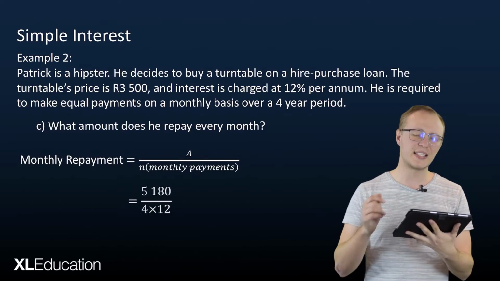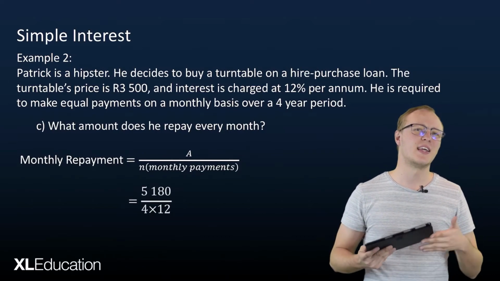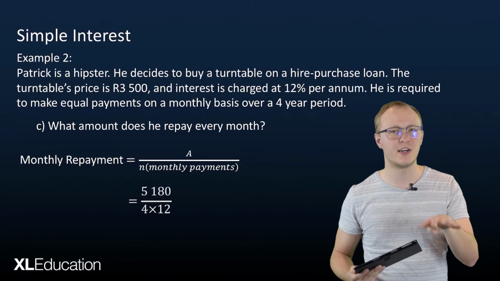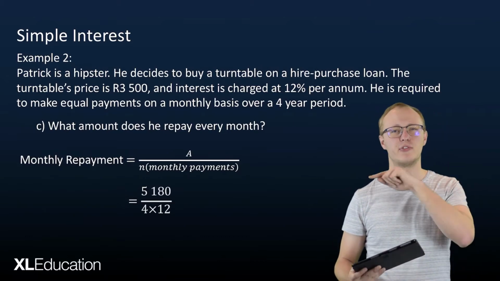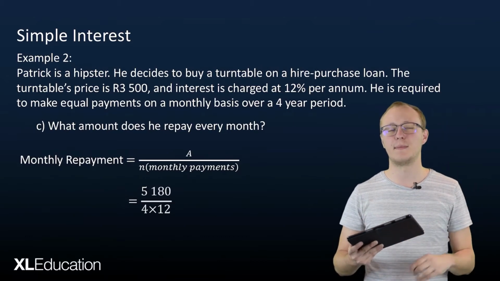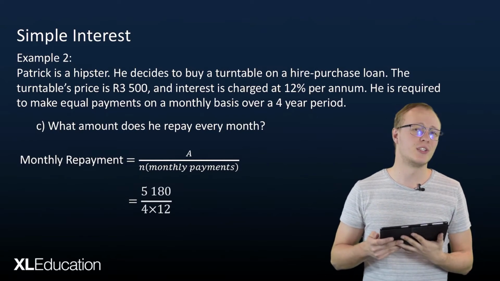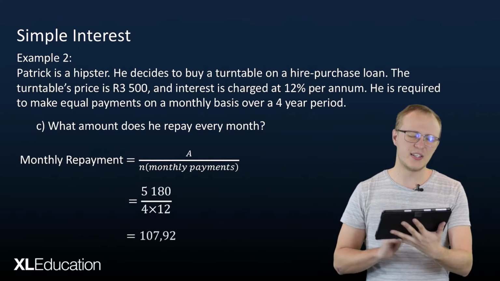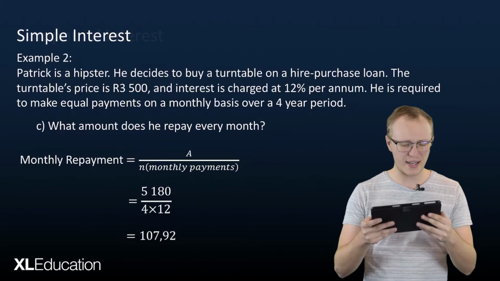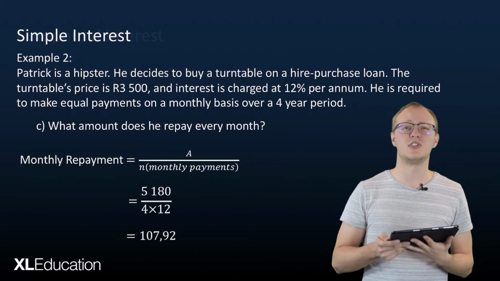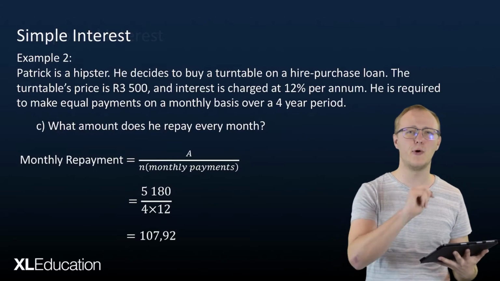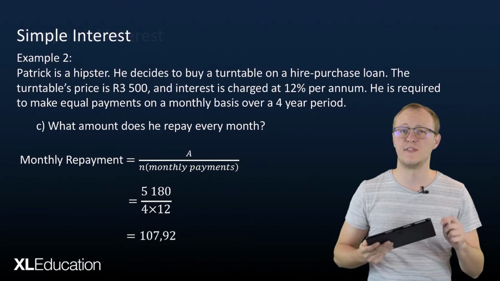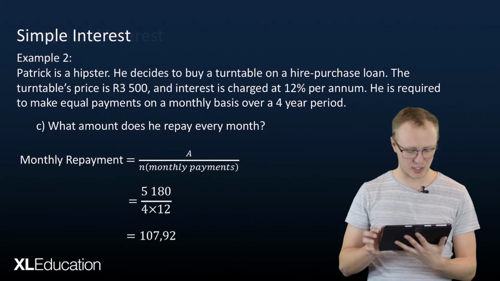So that's the 5,180. And because he's making payments for 4 years and there's 12 months in every year, the number of monthly payments is going to be 4 times 12. And it turns out that he has to pay 107 Rand and 92 cents every month for 4 years in order to purchase that turntable on a hire purchase agreement.